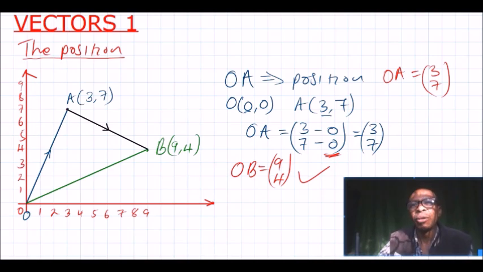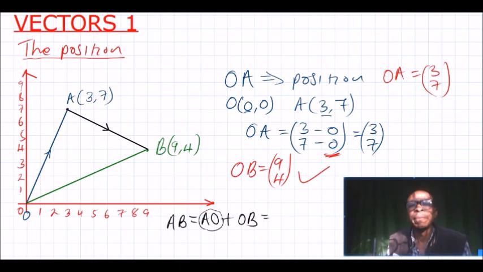In vectors, to move from A to B, we can take an alternative route: AO plus OB. But we don't like writing AO, so we say it is minus OA, because we are moving in the negative direction, plus OB.